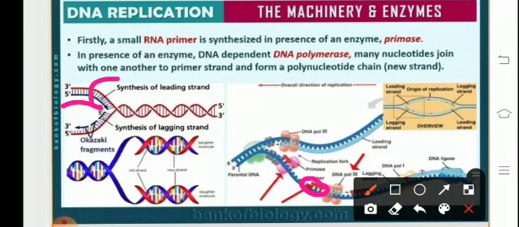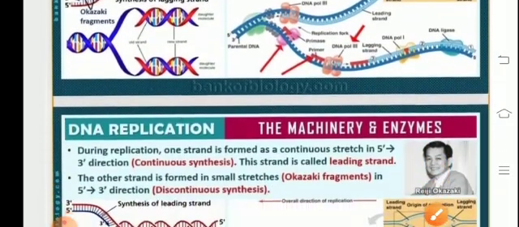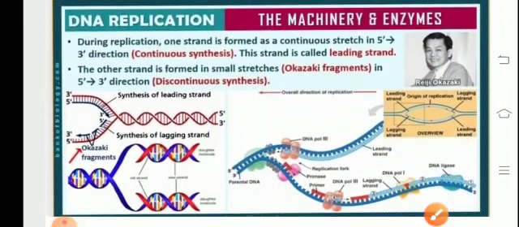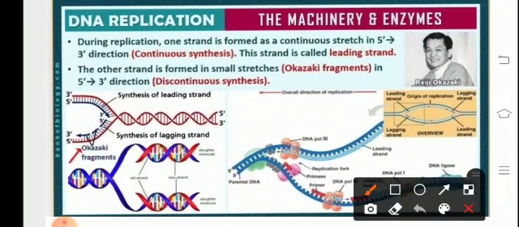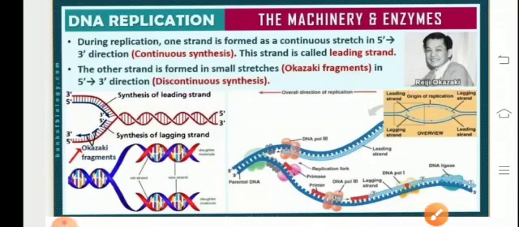So this is a leading strand where there is continuous synthesis, and this is a lagging strand where there is discontinuous synthesis. These short fragments, synthesized in the 5' to 3' direction, were discovered by the scientist Reiji Okazaki, and therefore they are referred to as Okazaki fragments in honor of the scientist. The synthesis is a discontinuous mode of synthesis.